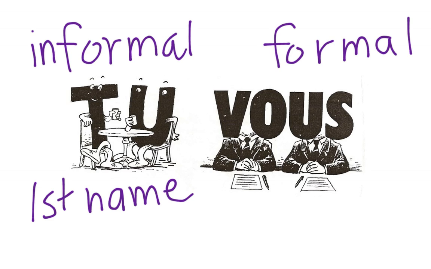You don't see their faces, so they're not someone you know well or that you would consider yourself friends with. This is formal. It's vous, and it can either be for one person or for a group of people. Now, if you're referring to a group, it doesn't have to be formal. It's either formal or it's y'all. And you know, y'all is not a formal word. So when you're talking about the plural, it is not a formal thing.